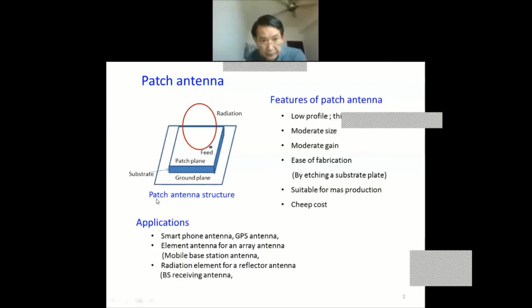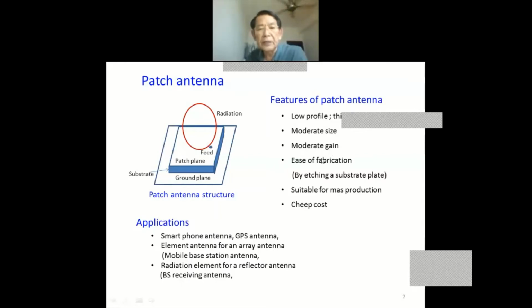So as we understand from this figure, this structure is rather simple, and the feature is a low profile, a very thin structure. The size may be moderate, and the gain is also moderate.